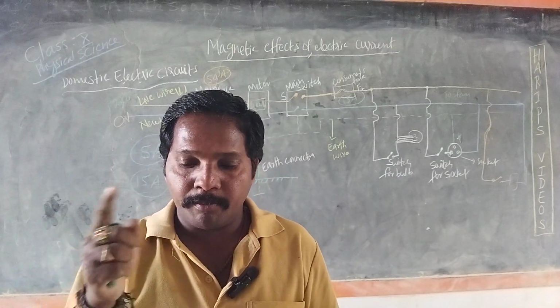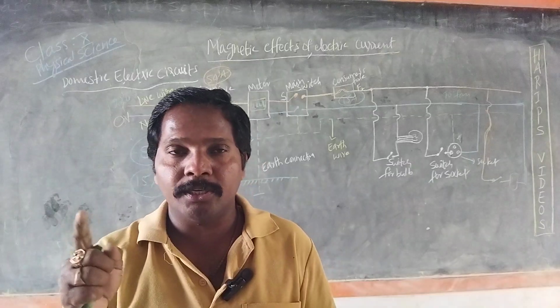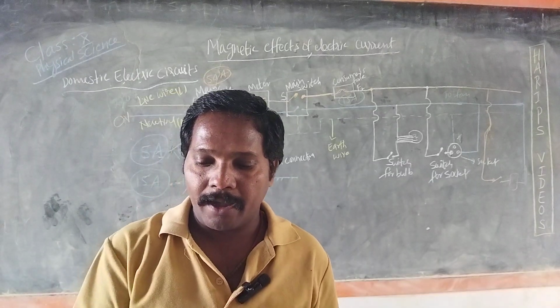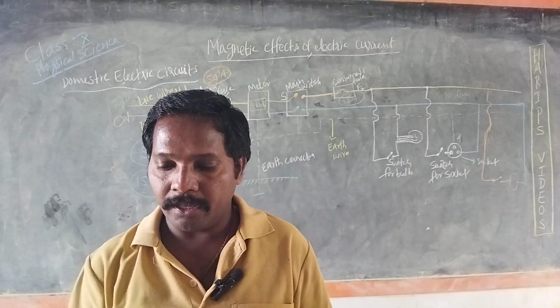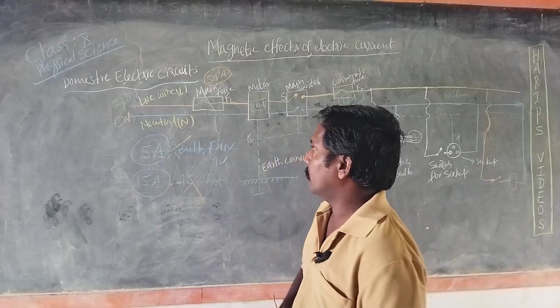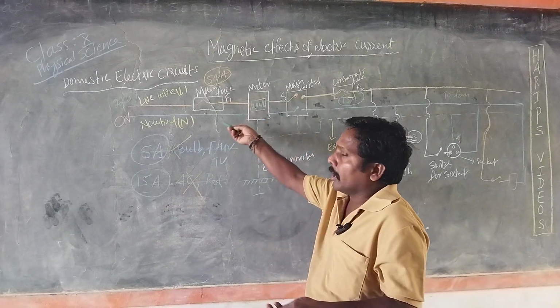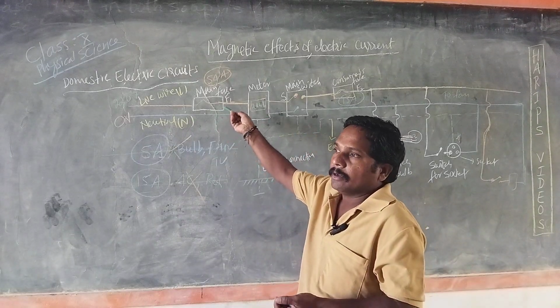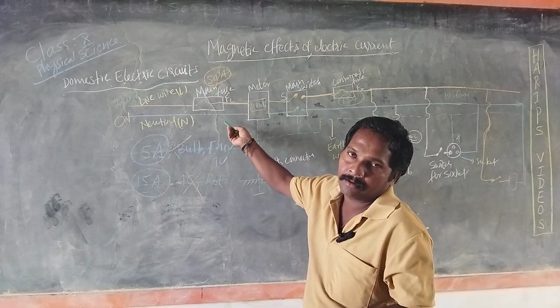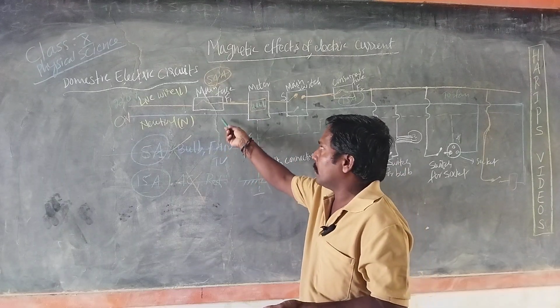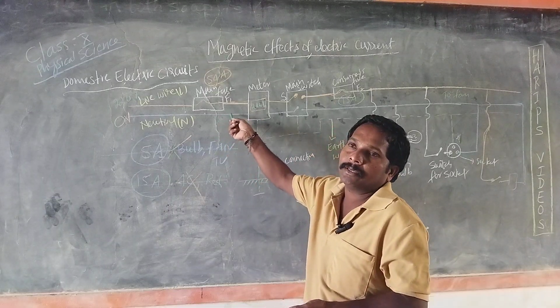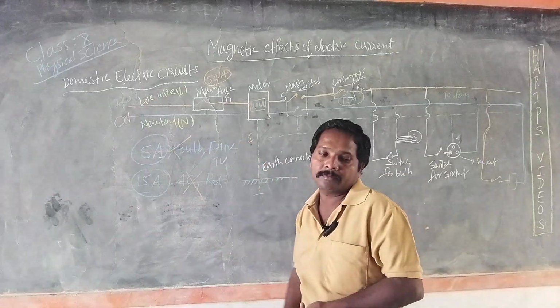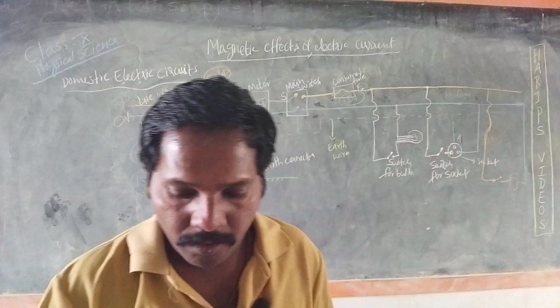The wire having black plastic covering is the neutral wire, and the wire having green plastic covering is the earth wire. Here we have no black chalk piece, so I represent the neutral wire with blue.